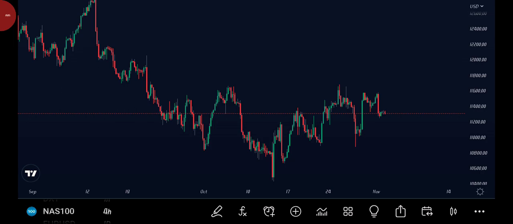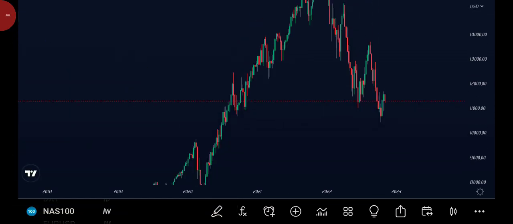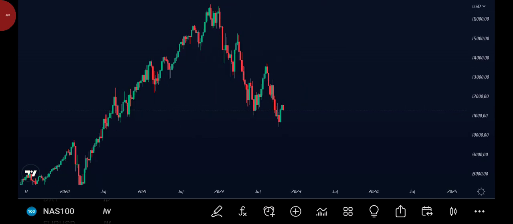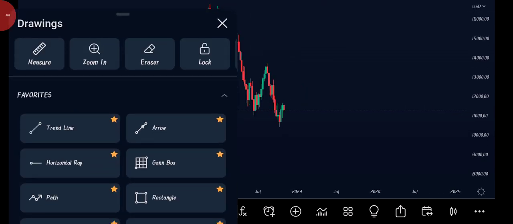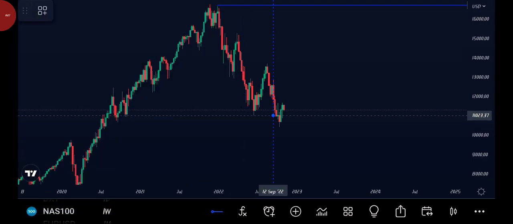So I'm going to start with the Nasdaq, and we are going to start with the weekly time frame. So guys, this is the weekly. With the weekly, I'm going to mark the lows and the highs. So this is a high, right?